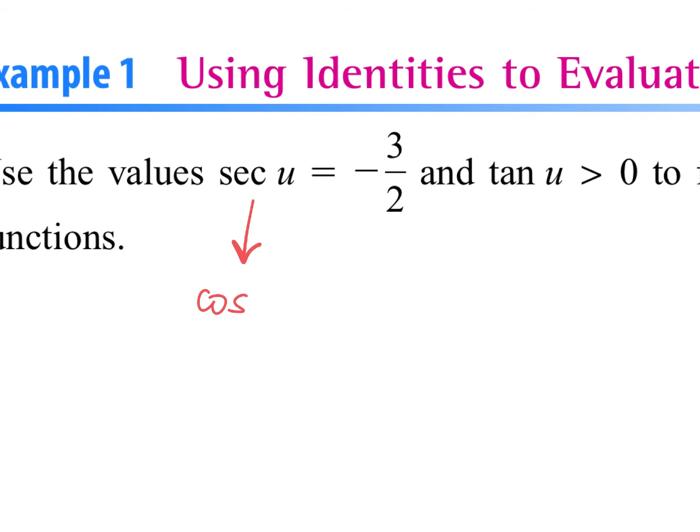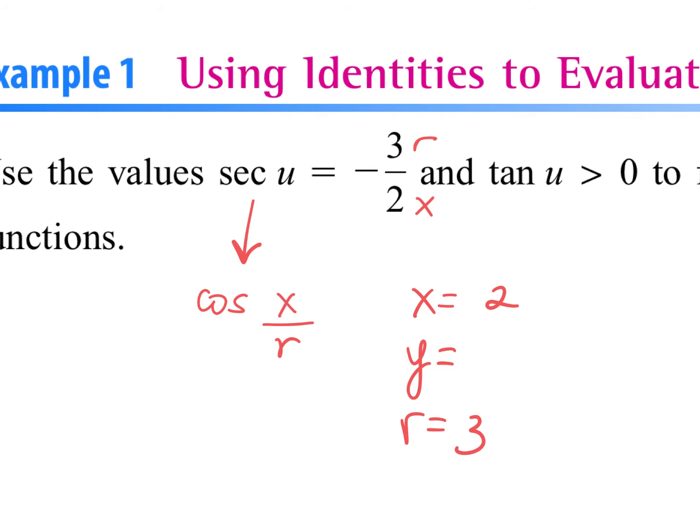Anybody remember? Y over r, x over r. Cosine is x over r. So secant would be r over x. Agreed? Okay, so this would be my r value, and this would be my x value. Okay, so in order to find all 6 trig functions, you need x, you need y, and you need r. Agreed? So my r is 3, and my x is 2.